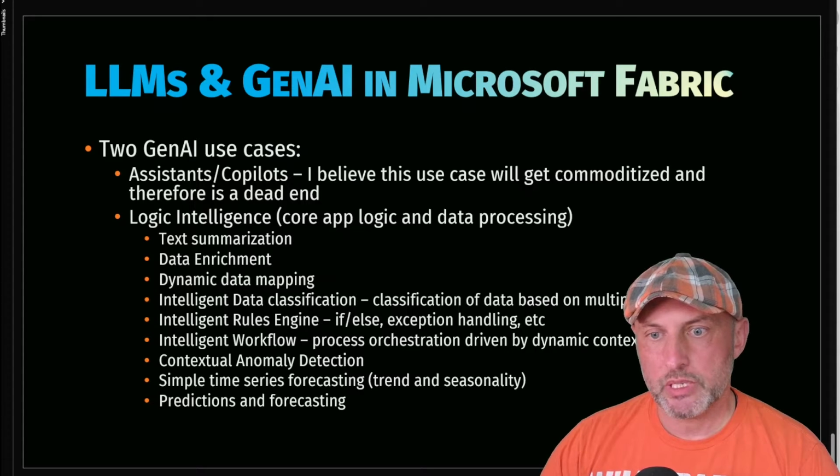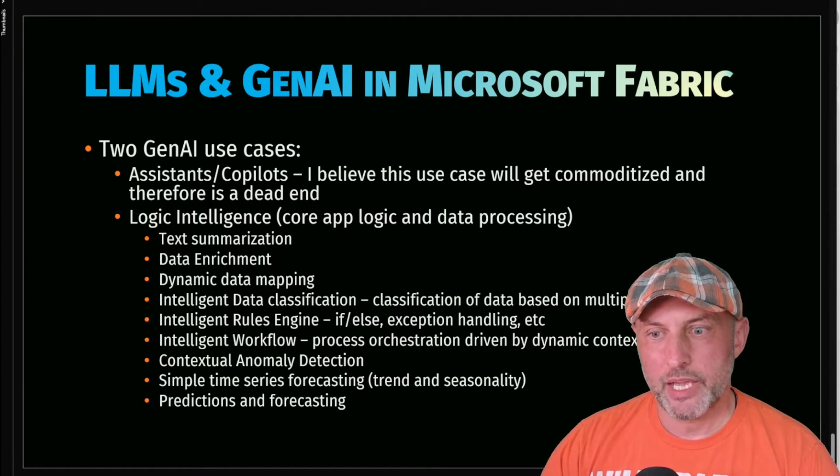Data enrichment. I've tackled this a little bit before, and we're going to have a lot more content. I think this is an extremely powerful and promising area where GenAI and LLMs can help out quite a bit. Dynamic data mapping, intelligent data classification, intelligent rules engine, and intelligent workflow. That has to do with replacing if-then logic and orchestration.